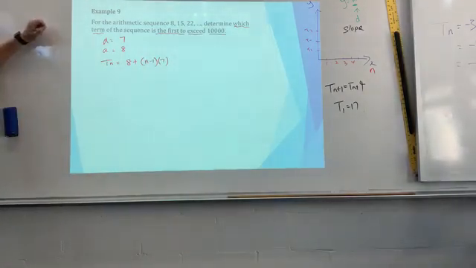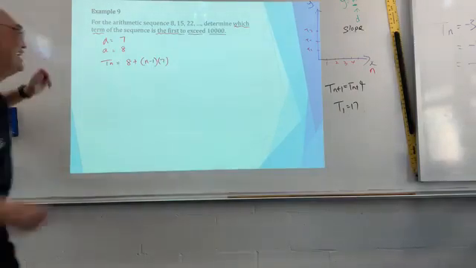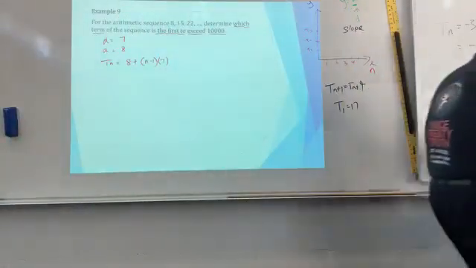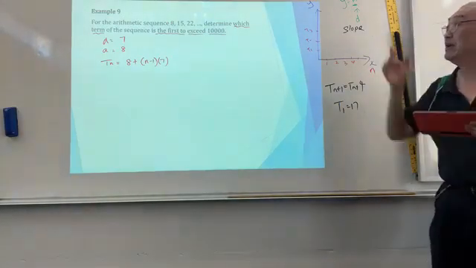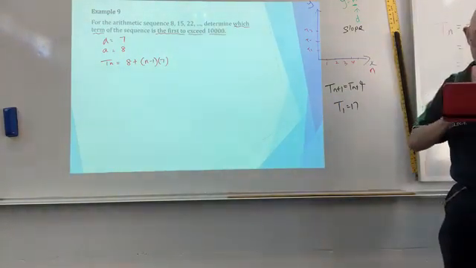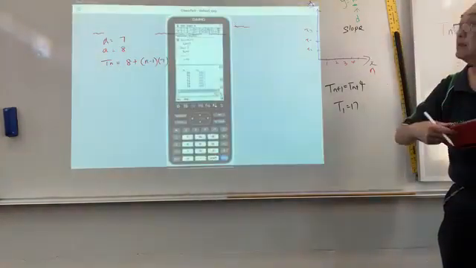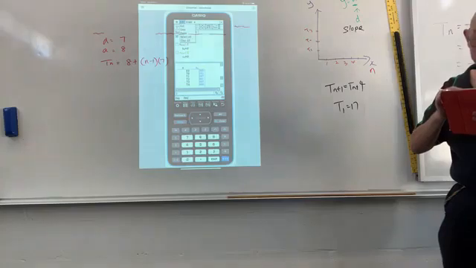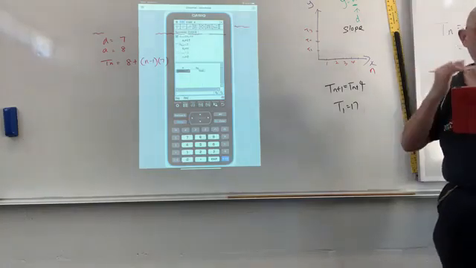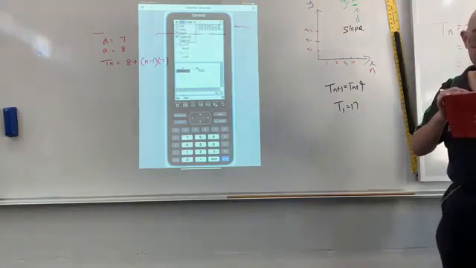Agree? Now, use your calculator. This will be calculator assumed. It will not be calculator free. Calculator assumed. Alright, let's go to your calculator. So if I write down, go to clear everything first. It's always good to clear everything. Alright?